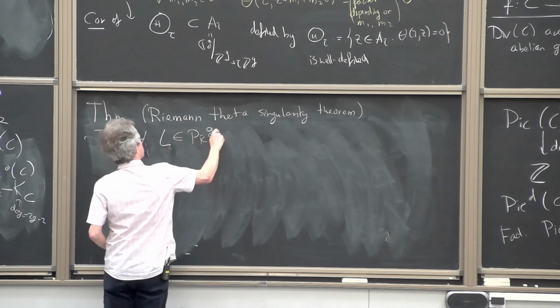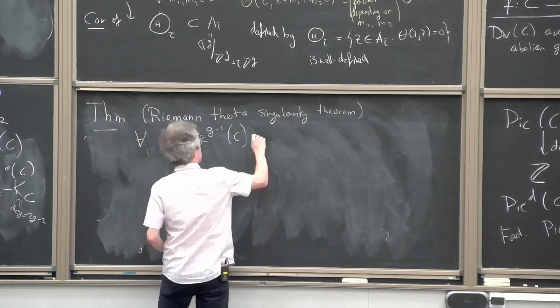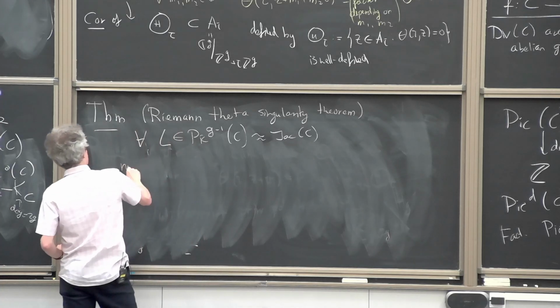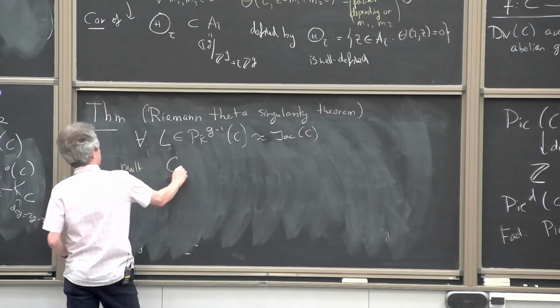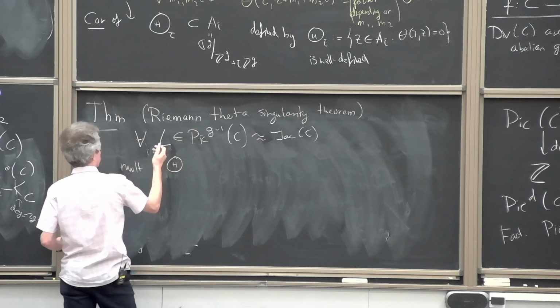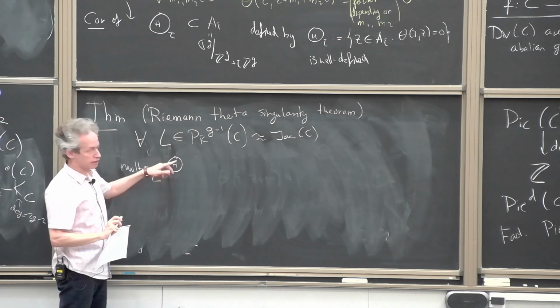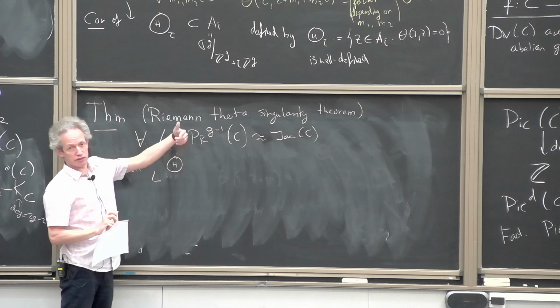So for any degree g minus 1 line bundle on the curve C, which remember is a Jacobian, if I take the multiplicity of the theta function, or the theta divisor, at the point L, right? So the theta divisor is a divisor in here. It's also given by a function.